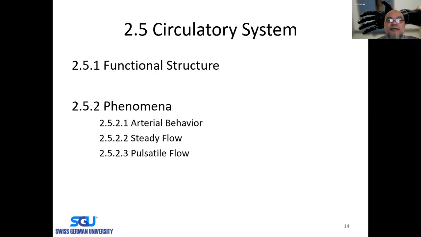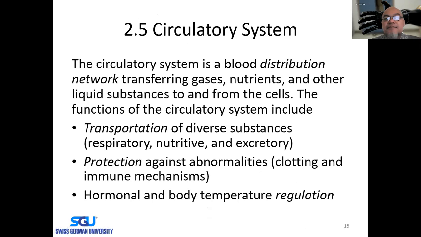Now let's study the other part, the circulatory system, which is the blood distribution network transferring gases, nutrients, and other liquid substances to and from the cells. The functions of the circulatory system include transportation of diverse substances, respiratory, nutritive, or excretory, protection against abnormality like clotting and immune mechanisms.